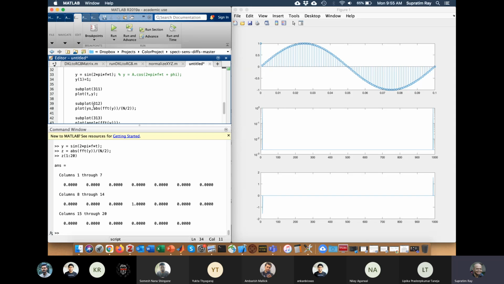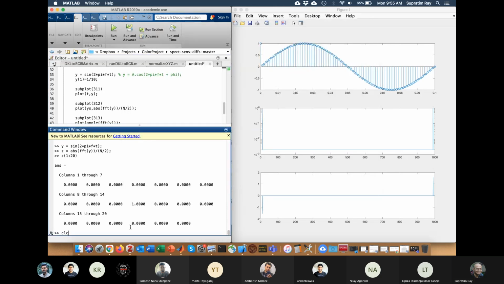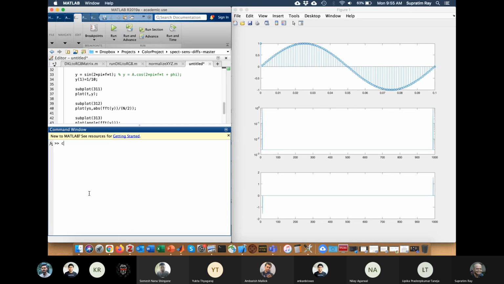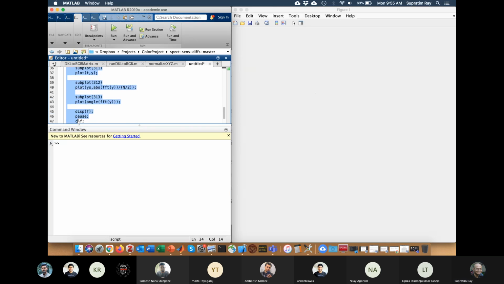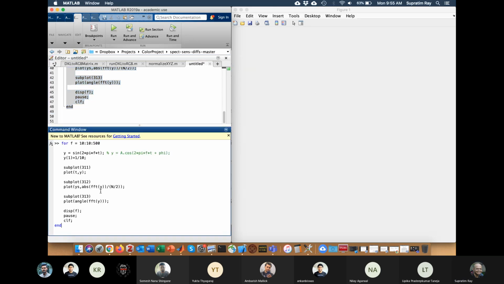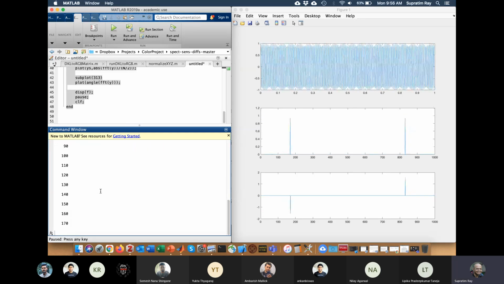And even if this delta function were very small, say a tenth of the size, it will still hold. So if I run this, now you can see I'm running the same thing, but it's no longer random.